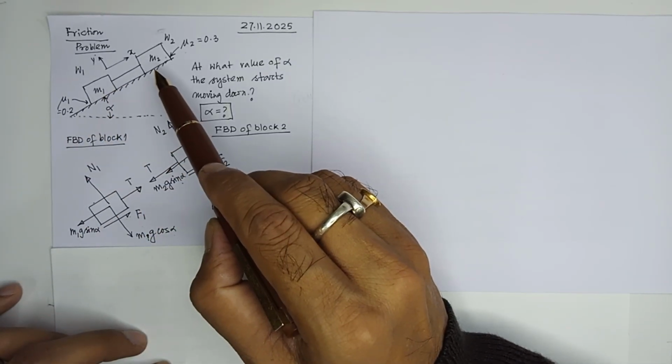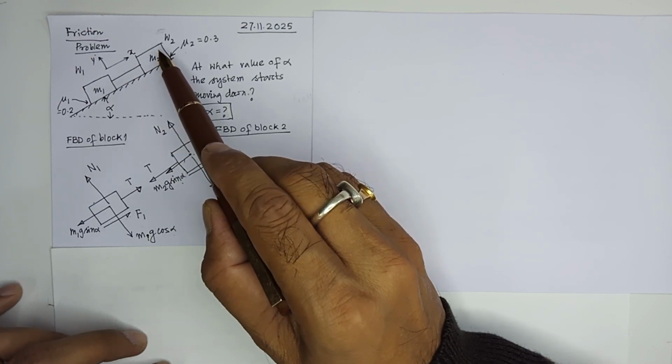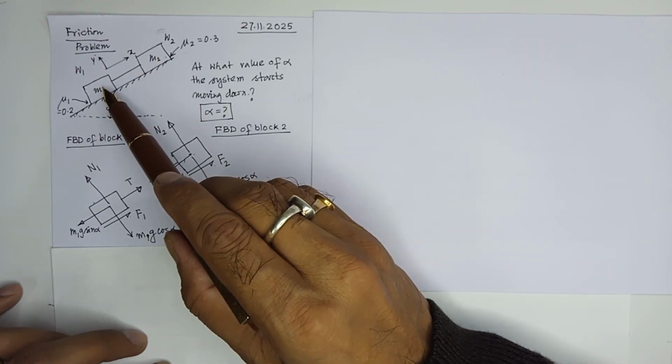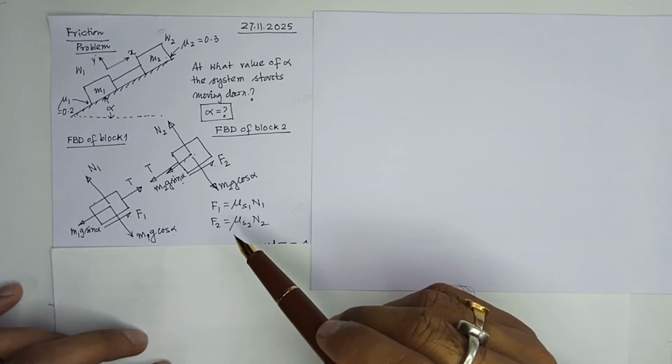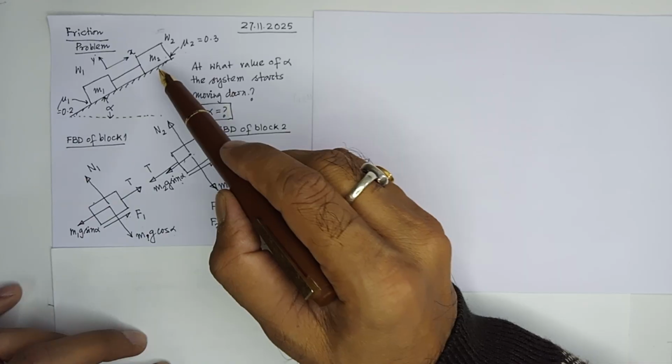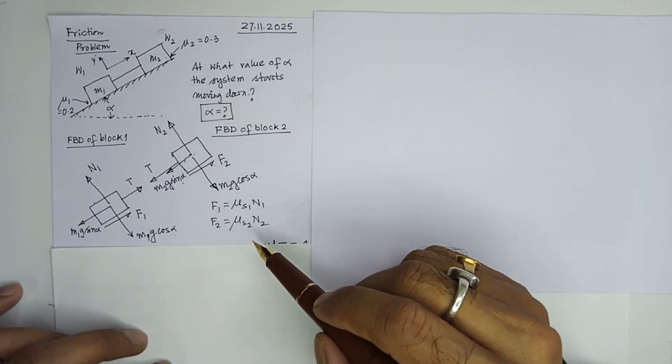Therefore, once this block starts sliding, this will also start to slide. Therefore, their impending motion condition in this case will be reached at the same time, that means simultaneously.